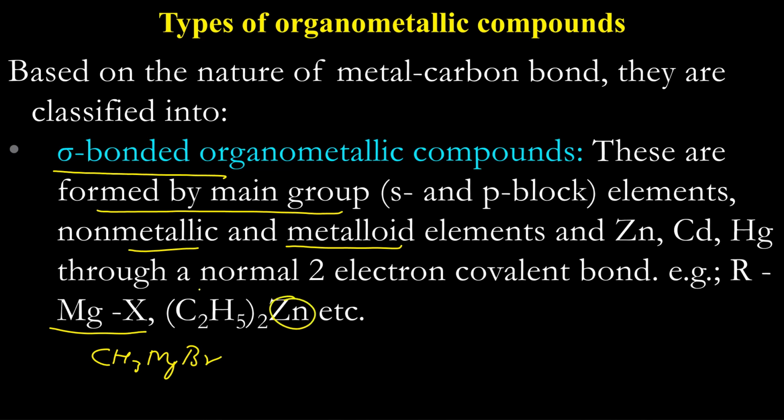Or on zinc, you have 2 ethyl groups. So it is still a central metal atom, and the connected ligands are organic compounds, or you can say alkyls. That's why it is called organometallic, and it is a sigma bond.